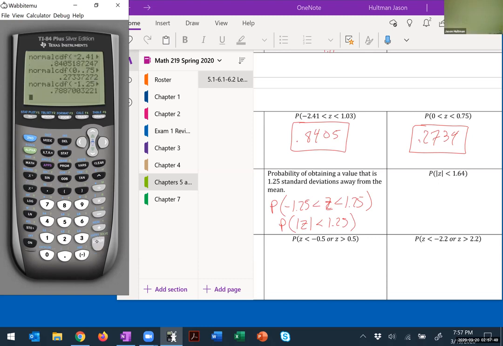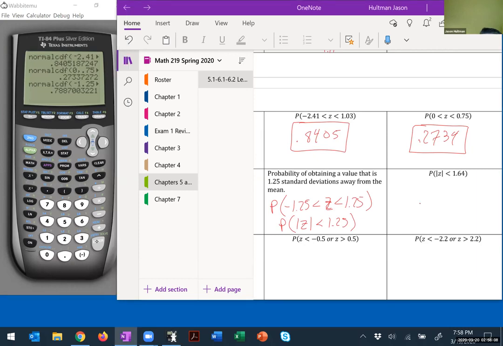And I'm getting 0.7887. Okay, what about this one?